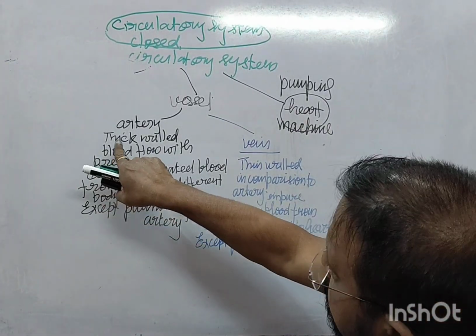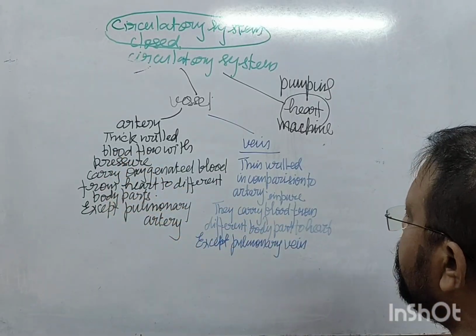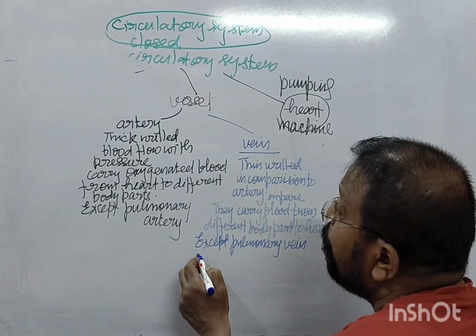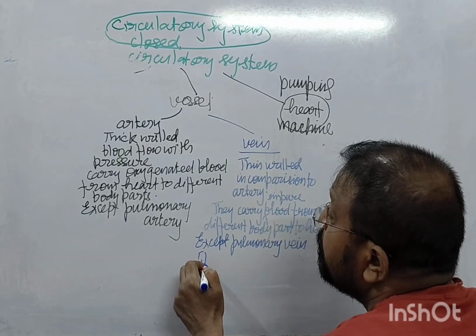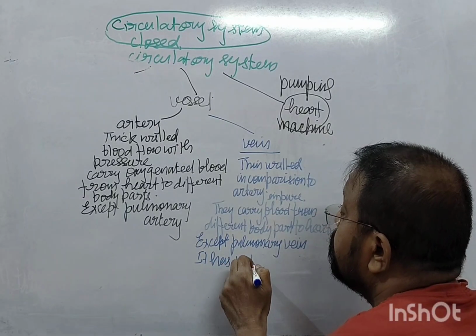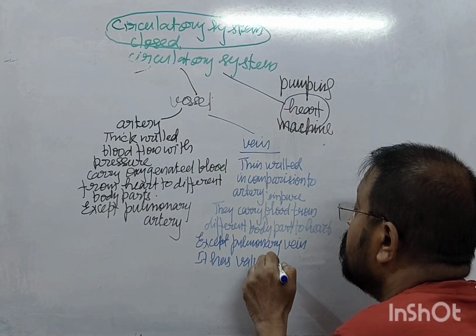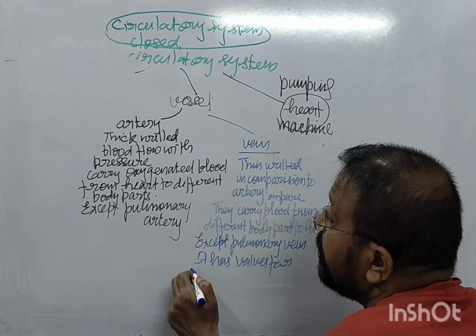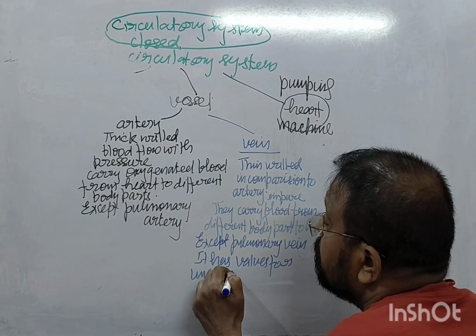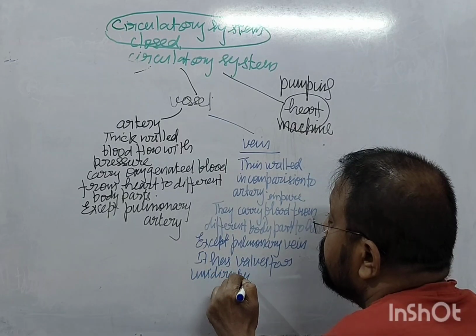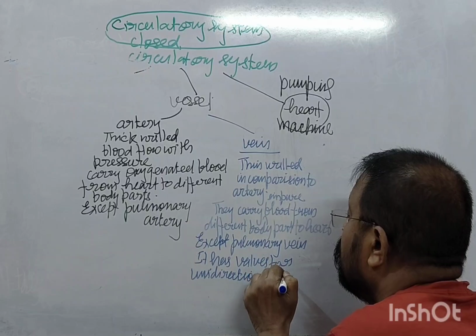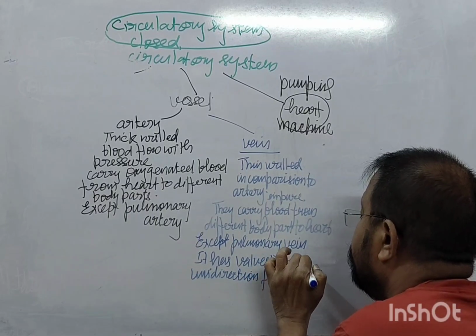So veins have valves for unidirectional flow of blood.